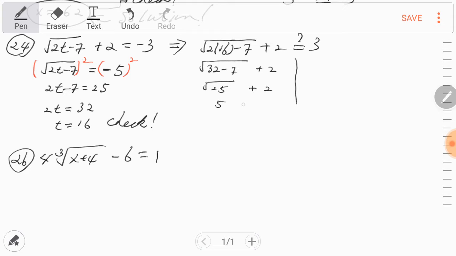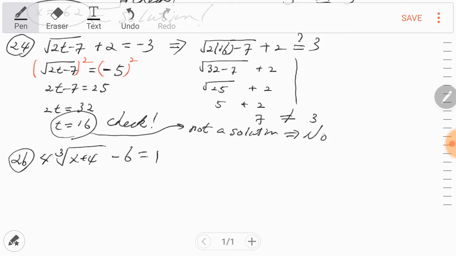Then this is 5 plus 2, which is 7. And 7 is not equal to 3. So this is not a solution. So finally there is no solution. There's no solution because the square root is negative here, so there's no solution anyway. So we proved there's no solution.